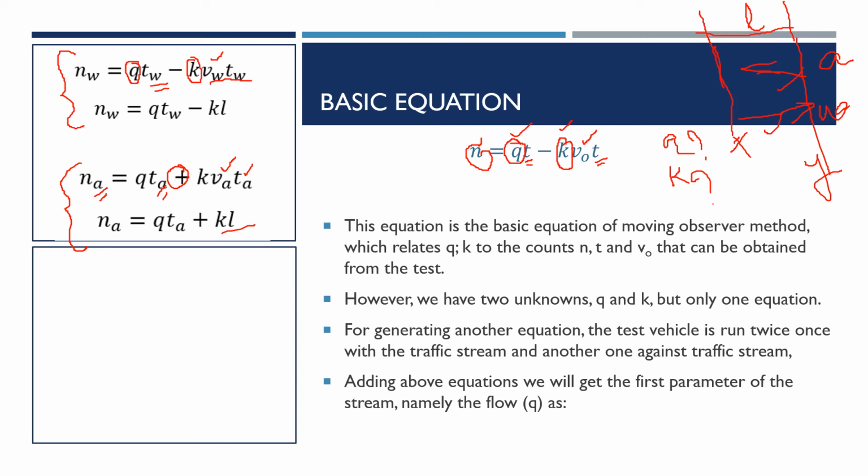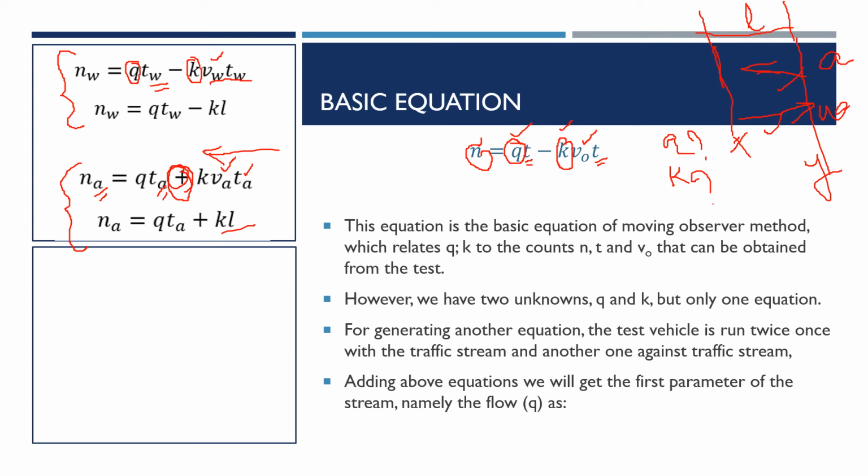So for along the flow, we are considering the test vehicle moving in the stream, and when it comes to this equation, we are just considering it as a plus sign. Why? Because it is opposing. That means it can also be considered as a stream vehicle moving in the stream with negative velocity, so minus minus, a plus sign would come.